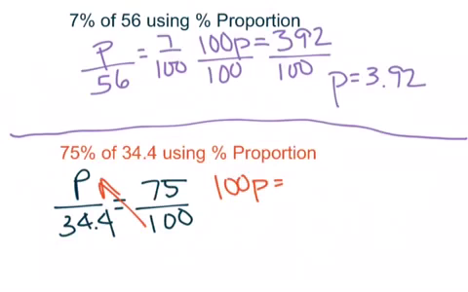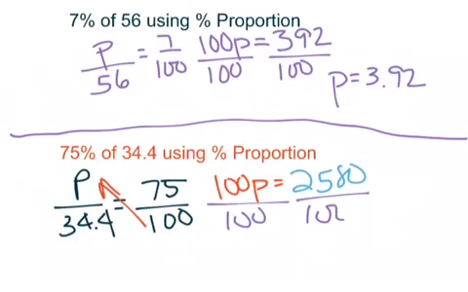Using my handy dandy calculator because I'm not a brainiac either. Then we must divide by 100. Divide by 100 means you have to move that over 2 spots, right? It's going to be 25.8.